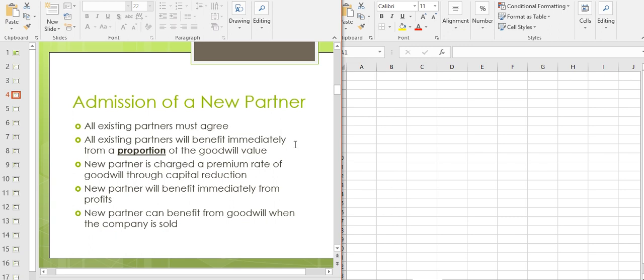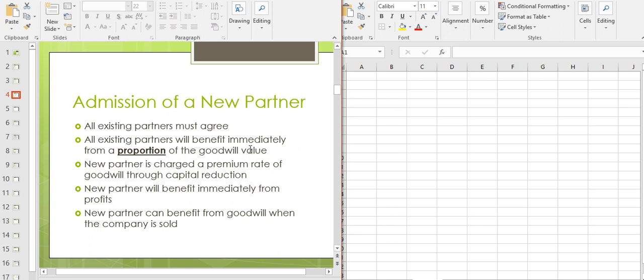Okay, when it comes to a partnership anyway, you can't just join a company and expect to receive a slice of the pie. Okay, you can't join a company and expect to receive profit straight away. You will be expected to join a company, bring your capital to the table, and expect that some of that capital is going to be used to pay existing partners.